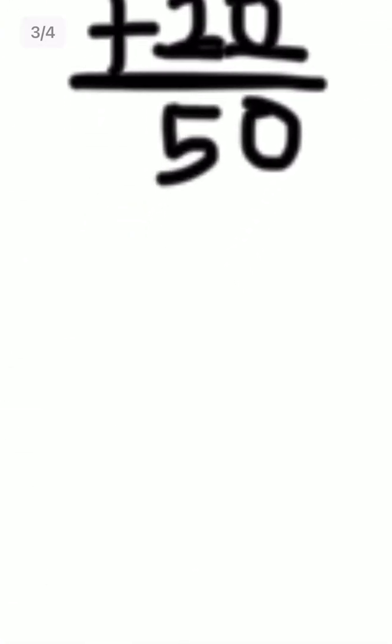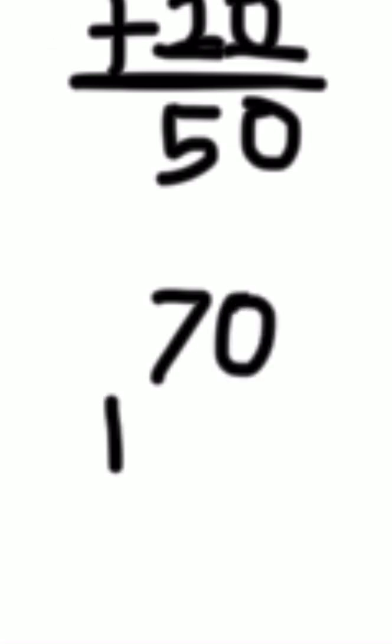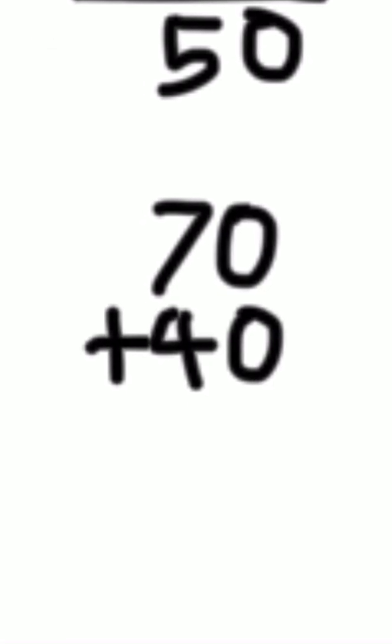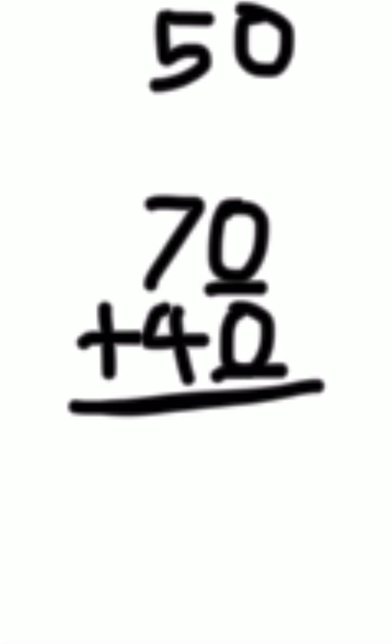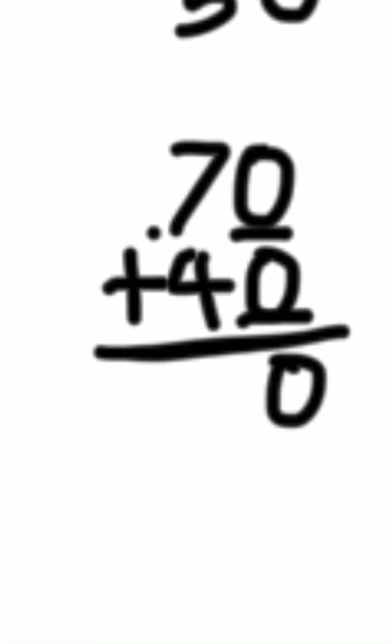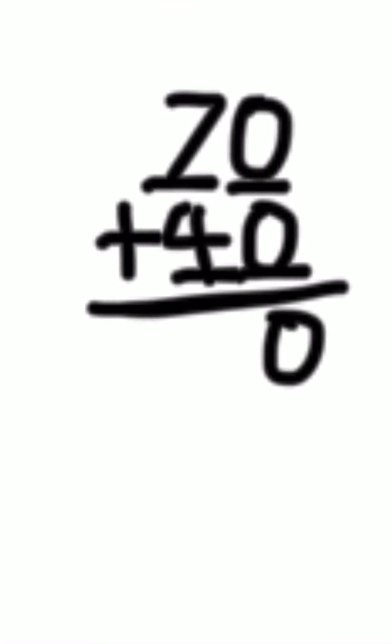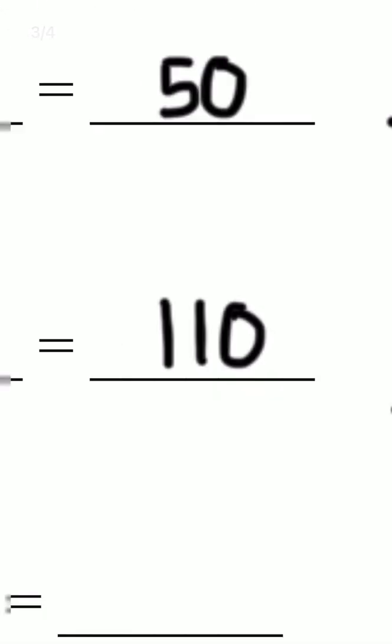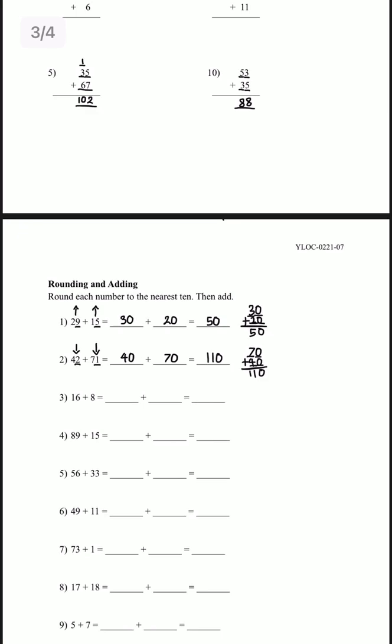So now we need to do 70 plus 40. 0 plus 0 is 0, and 7 plus 4 is 11. So 110 is the answer for number 2.